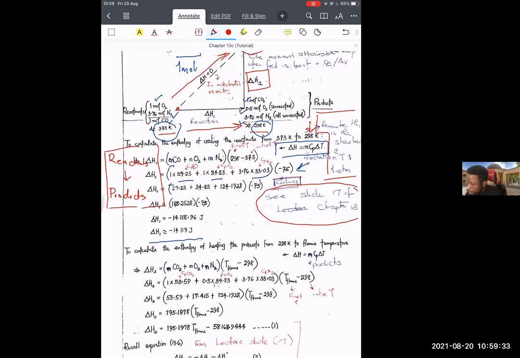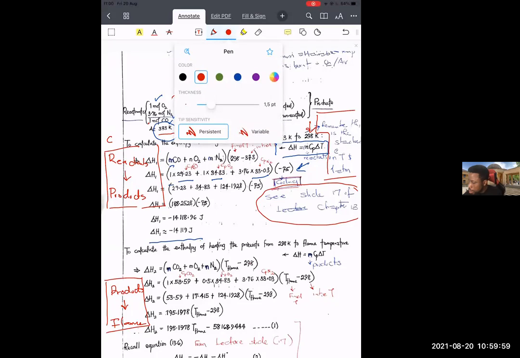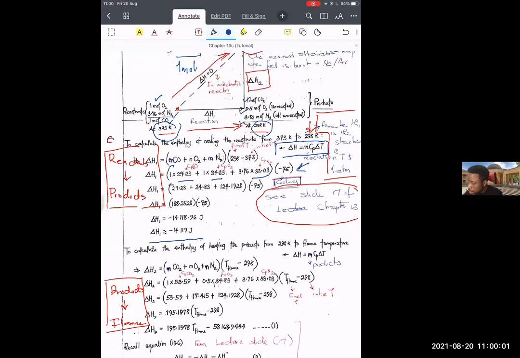The second point here is, so this will be cooling. Then this will be products to flame, or the combustion under adiabatic condition, as we said earlier on. So let me just color code that. So this is cooling.